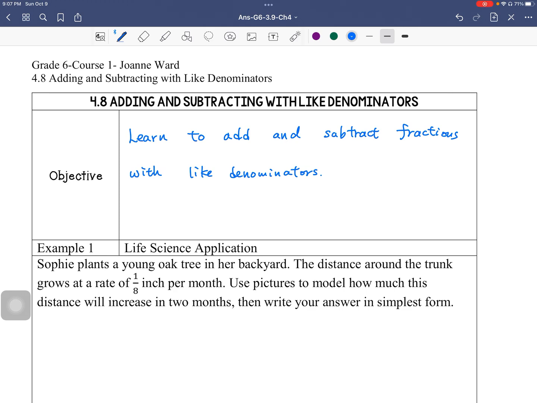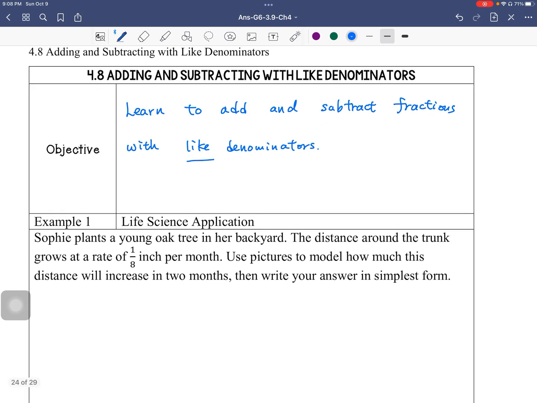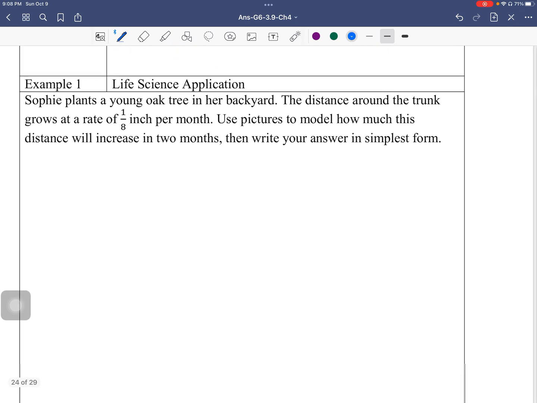So we want to learn how to add fractions and subtract fractions with like denominators.